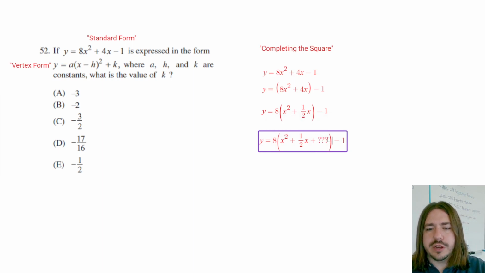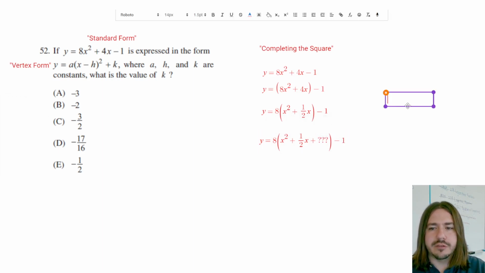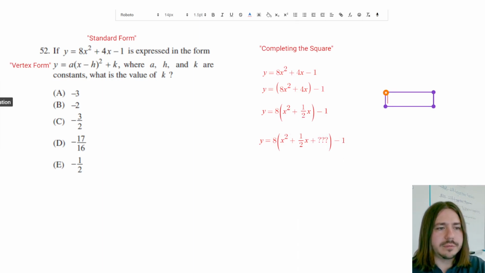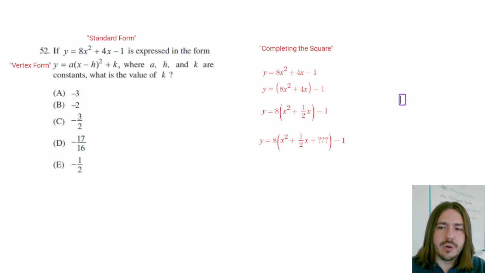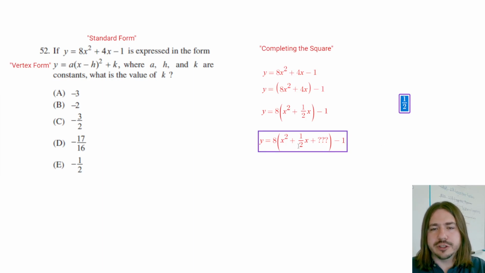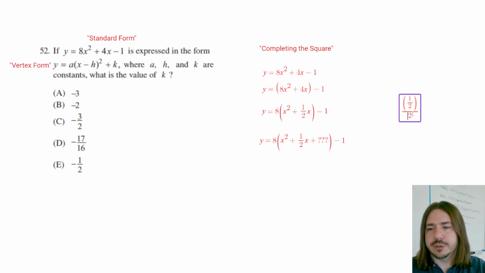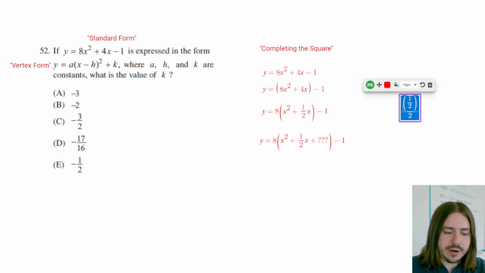I'll just call the coefficient of the linear term 1/2. The way to come up with that number is you take the coefficient of the linear term, in this case 1/2, you divide that by 2, and then you square it.